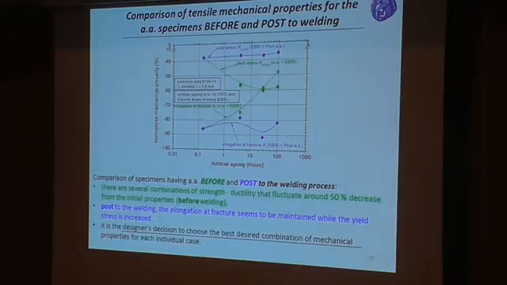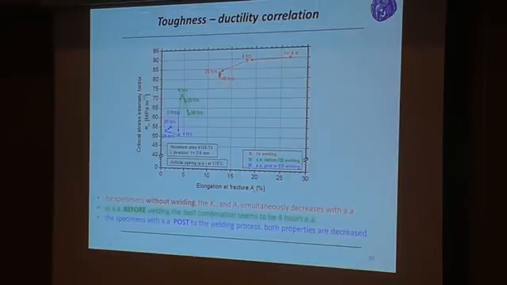It is the designer's decision to choose the best desired combination of mechanical properties for each individual case. For toughness and ductility, here we can see the critical stress and the elongation of fracture. For the specimens with artificial aging before welding, the best combination seems to be at 4 hours. And for the specimens with post to the weld process, both properties are decreased.